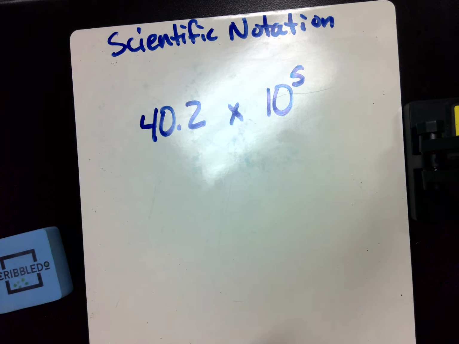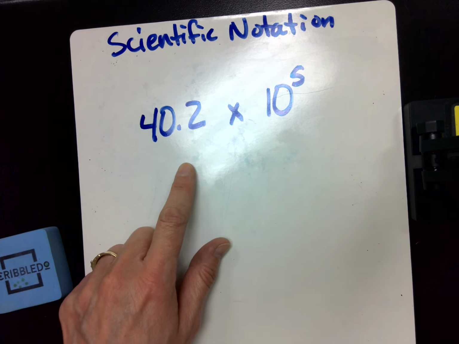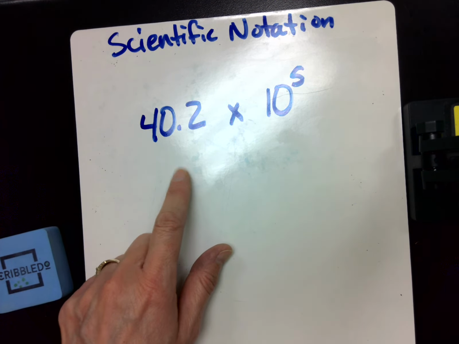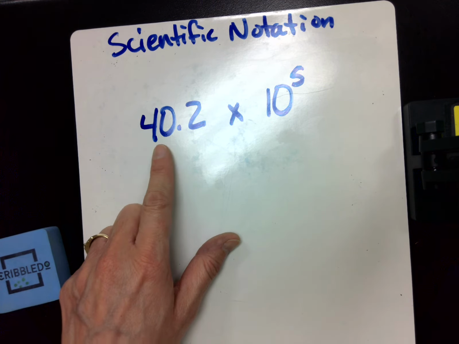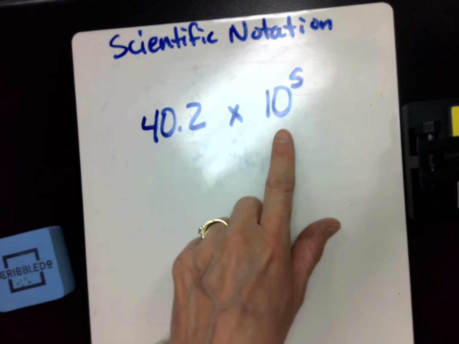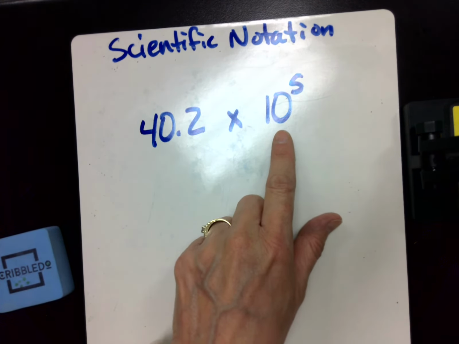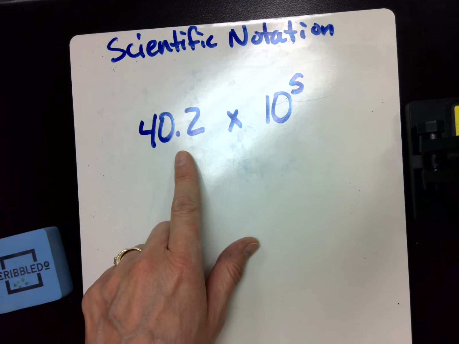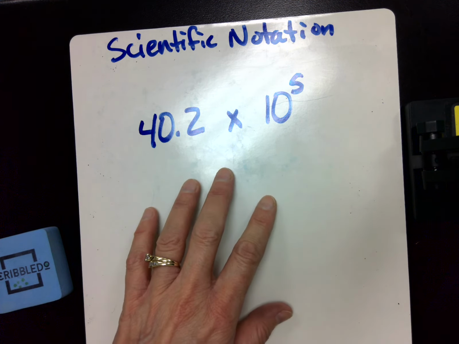You have to check for the 2 criteria. One of them is you have to have a factor that's 1 or greater and less than 10. Well, this is a 40, so this is bigger than 10. So this isn't in scientific notation, even though it has this. This is correct, but this isn't. This is too big. So this isn't in true scientific notation.